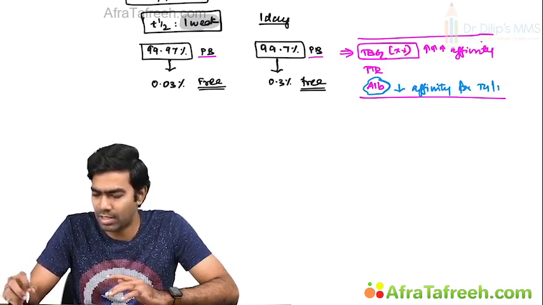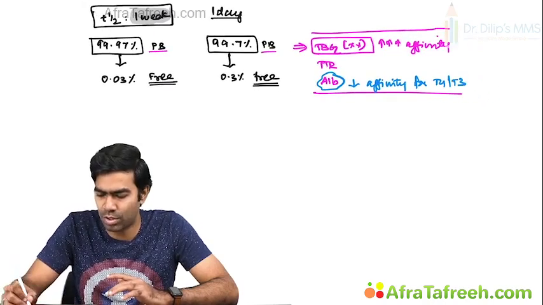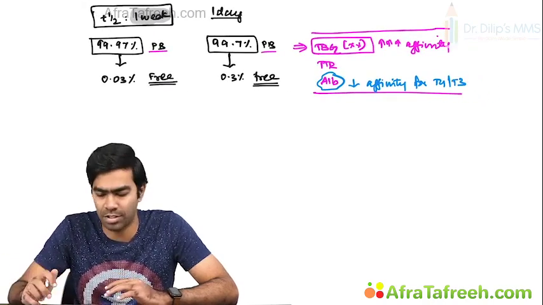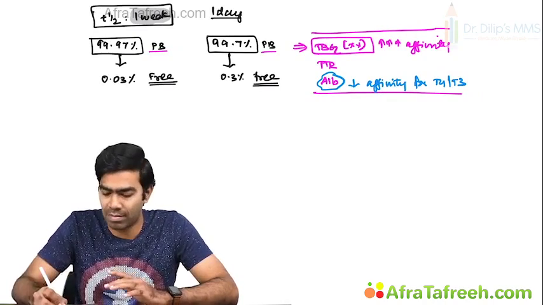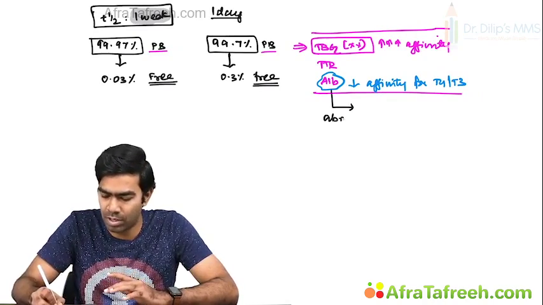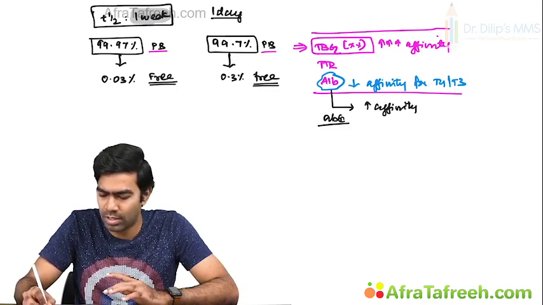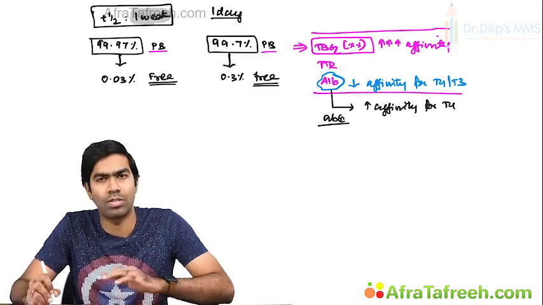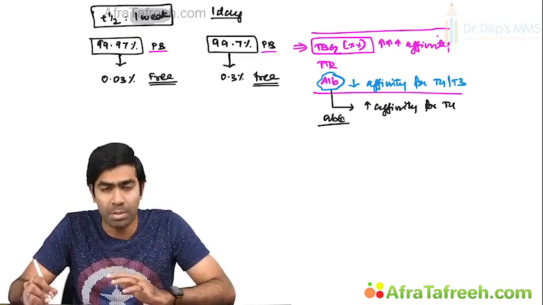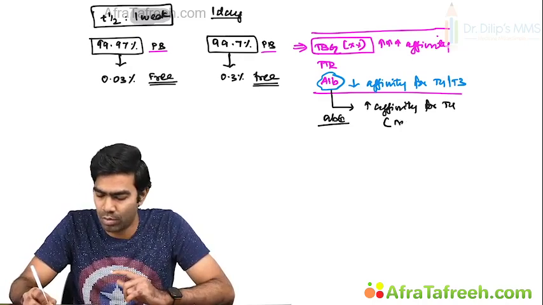There are certain conditions which I will be discussing for sure in the later half of the session, where albumin will have an abnormally increased affinity for T4, almost similar to that of TBG, but not for T3.